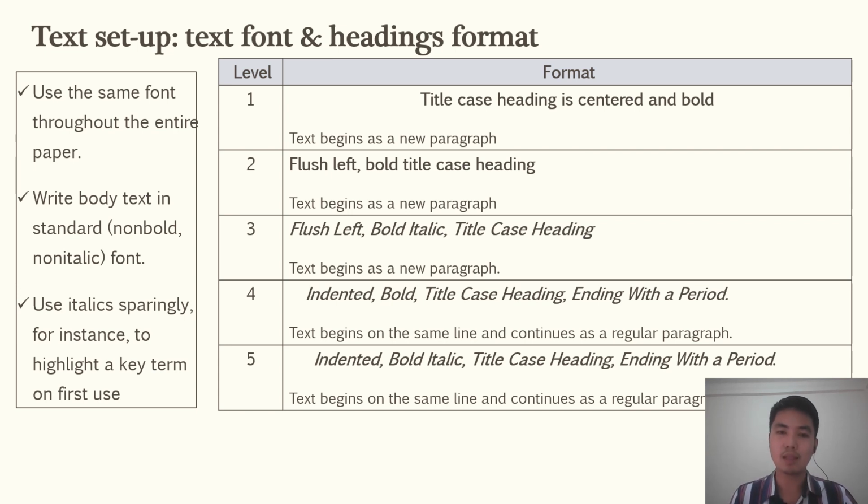The text begins on the same line and continues as a regular paragraph. So in our level 4 subheading, the text follows directly after the indented, bold, title case heading. Okay? So we do not need to enter a new paragraph.